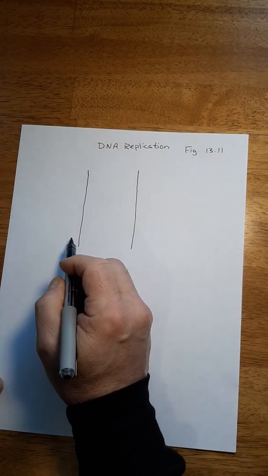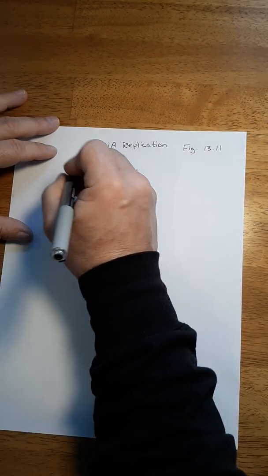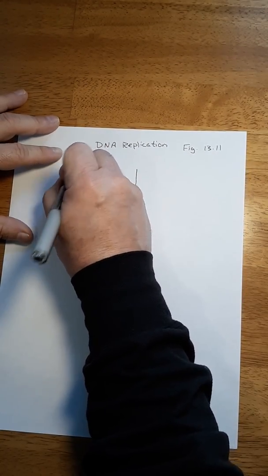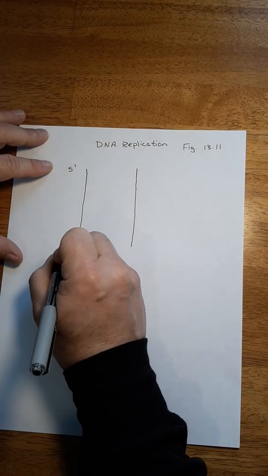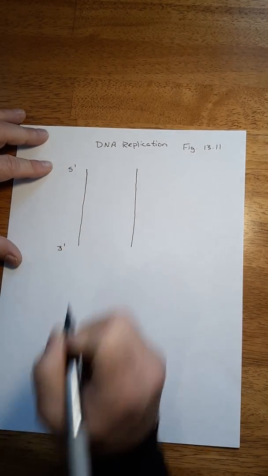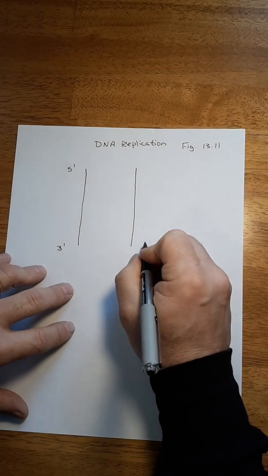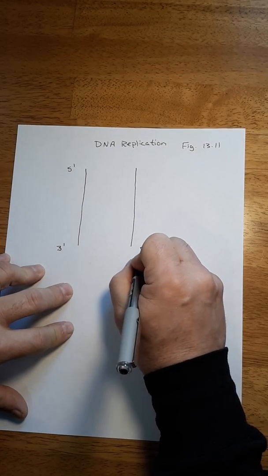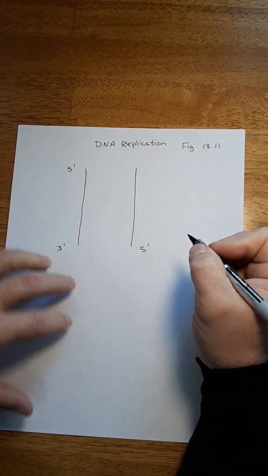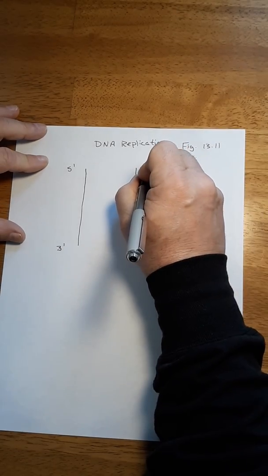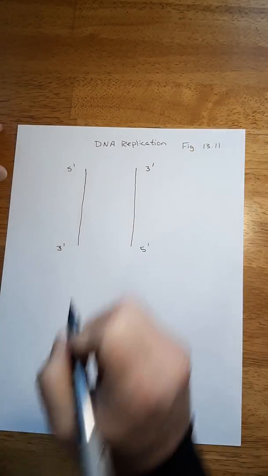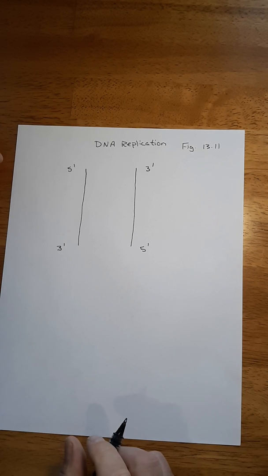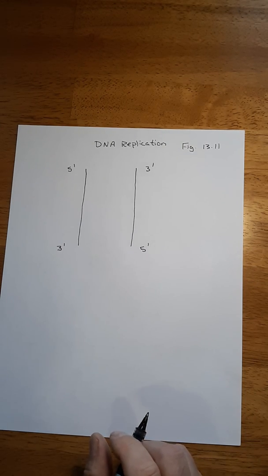This side of the molecule is going to be the 5' side, and then the 3' side on this. And then the other strand, the complementary strand, will be running 5' to 3' in this direction.